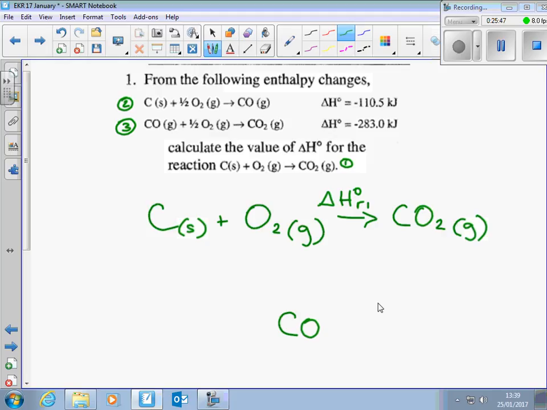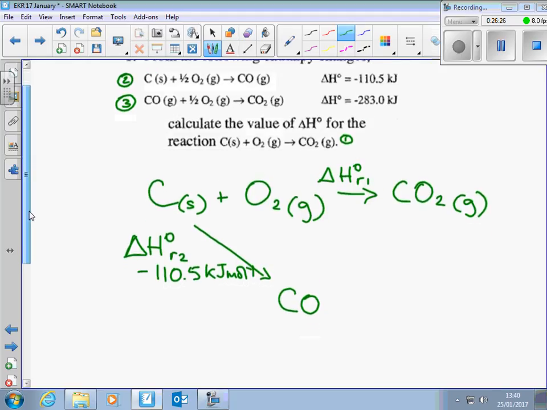Well, we know that when you burn stuff without enough oxygen, you get carbon monoxide. So carbon to carbon monoxide will actually be down there. And the reaction that gets carbon to carbon monoxide, we don't have to put the oxygen in there, has an enthalpy change of minus 110.5. Missed off the per mole for that. Never mind the rest of down here either, and you're thinking, well, why? The oxygen is not the important bit here.